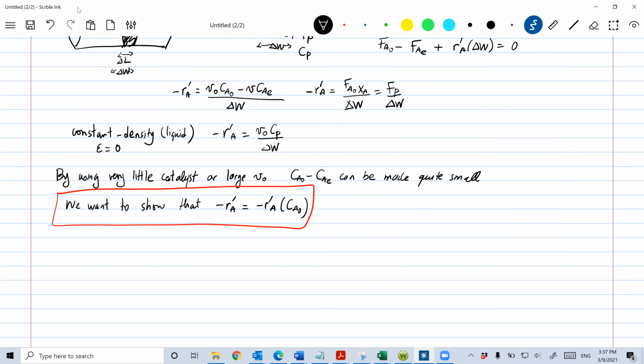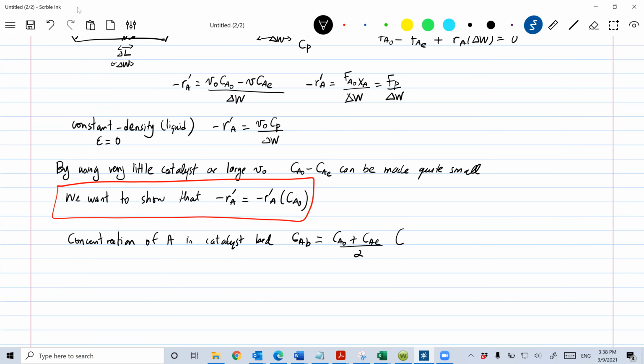So the concentration of A in the catalyst bed is CAB, and CAB can be equal to CA0 plus CA divided by 2. That's an approximation that can be made.